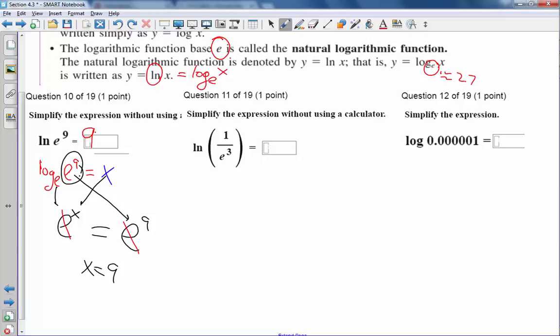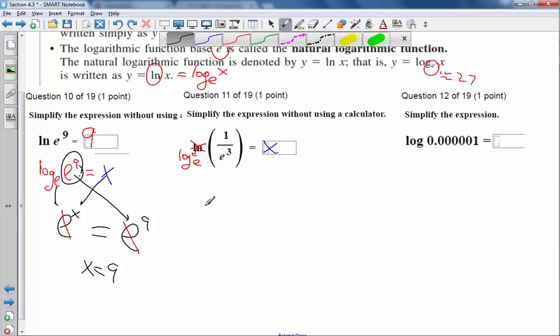What do you think this one? Again, if you're confused by this, it's nothing but log base e. It's -3. Perfect. -3. Why? Again, call this x if you wish.